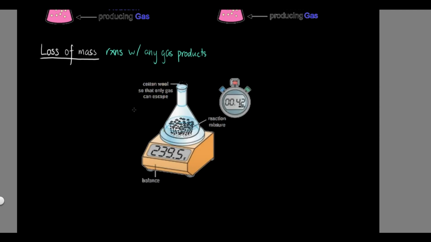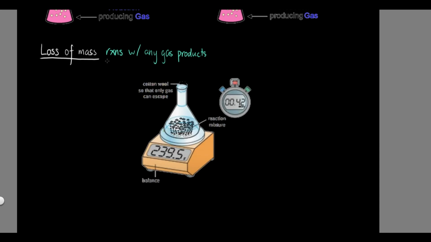But then you put in the reactants, you tare, and then you put a cotton wool on the top. This is very important, because if you just leave it open like that, the water might come out and splash, and especially if you have acid inside that flask, you might not want that on your body. So a good idea to block it with a cotton wool, so that only gas can escape.